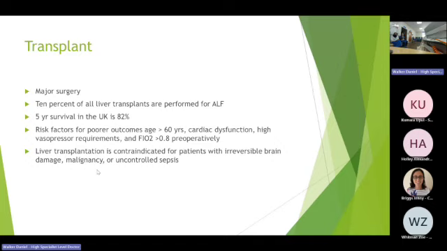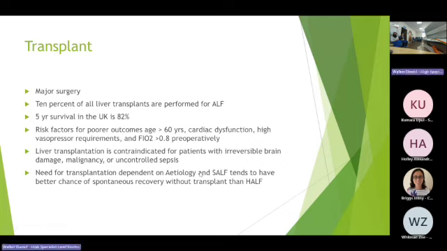And also hepatology will take into account how many times you've overdosed, or like the patient we had with autoimmune hepatitis, if you were able to take your immunosuppressants, they will take that into account. But essentially, irreversible brain damage, malignancy, uncontrolled sepsis. I think any sepsis is going to make a liver transplant surgeon fairly unwilling to go near you.